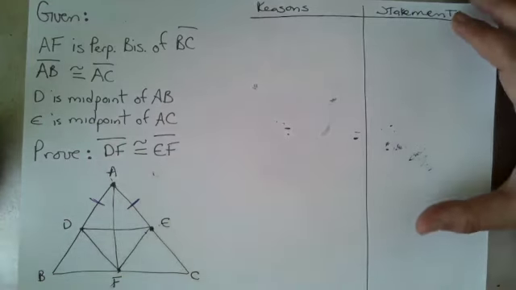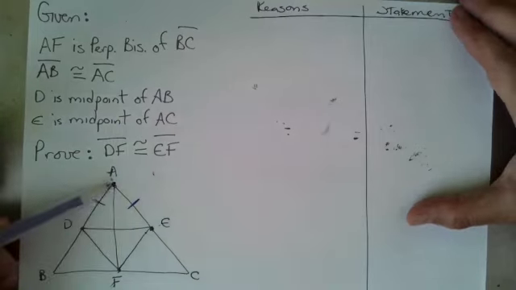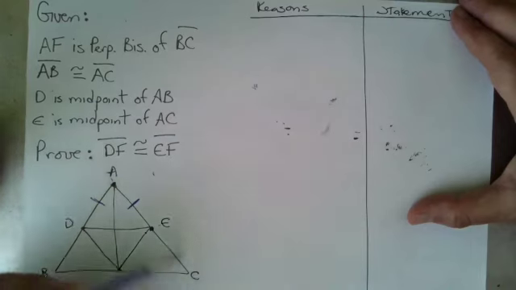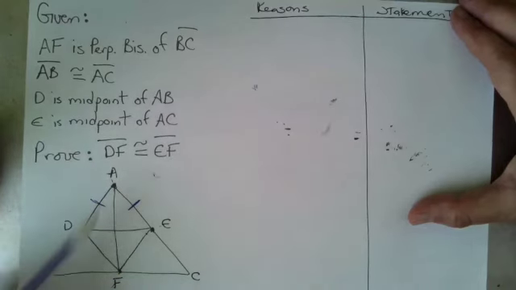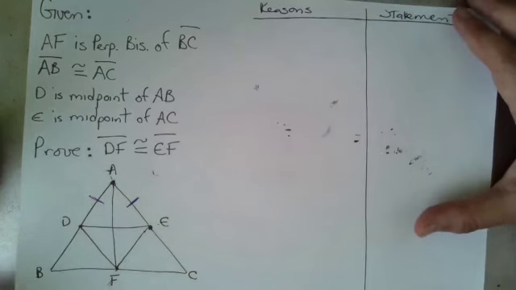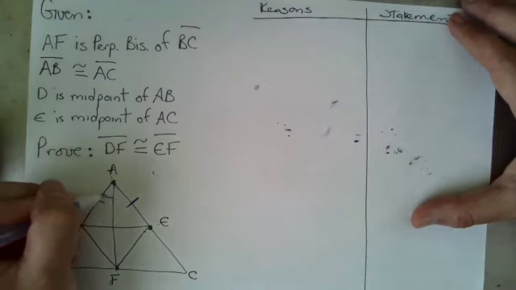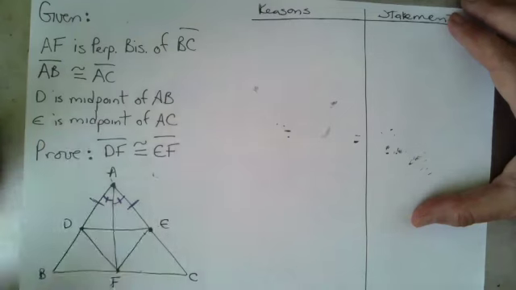We also can prove that if this is the perpendicular bisector, that this whole triangle equals this whole triangle because of hypotenuse leg. And so that will give us that this angle is going to be congruent to that angle.